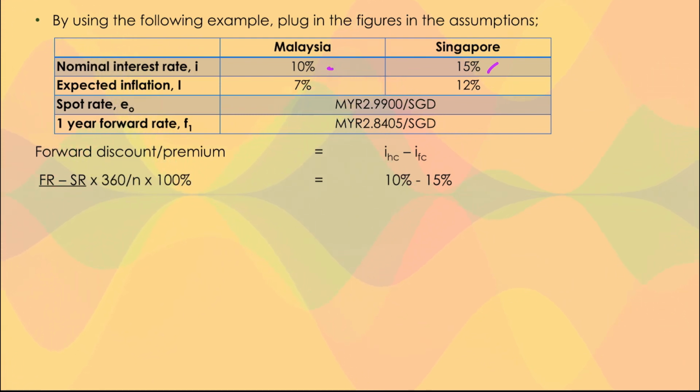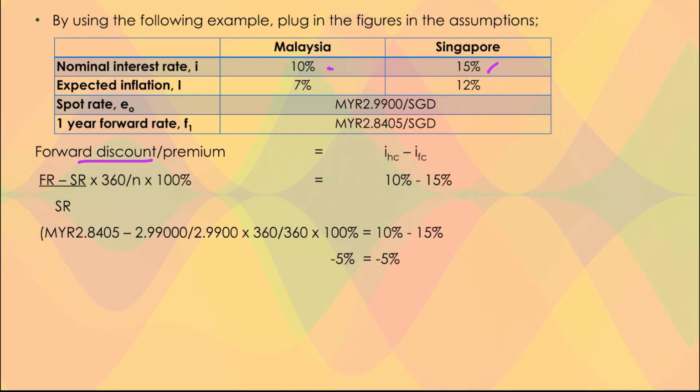Let's recall how to get the forward discount or premium: forward rate minus spot rate, divided by spot rate, times 360 divided by n, where n is the number of forward days, times 100%, equals 10% minus 15%.